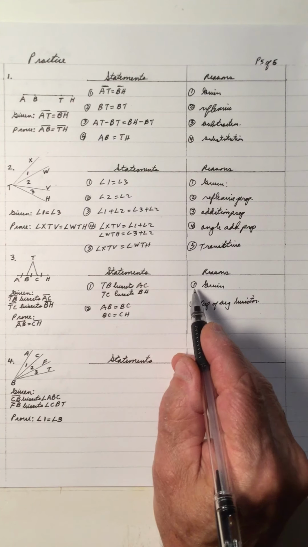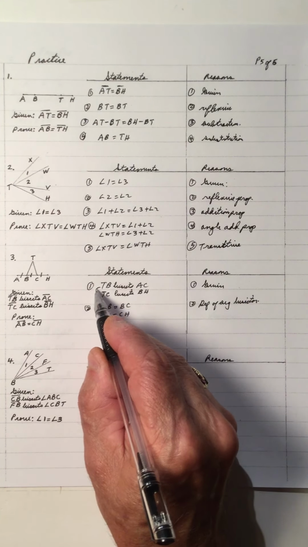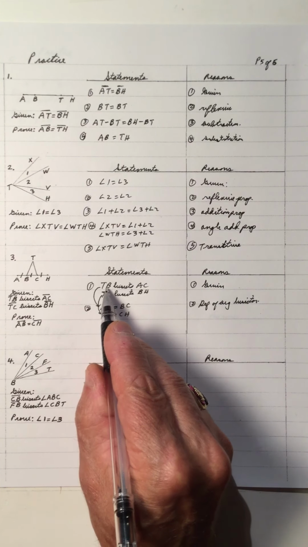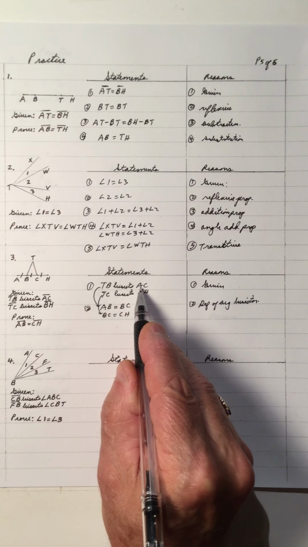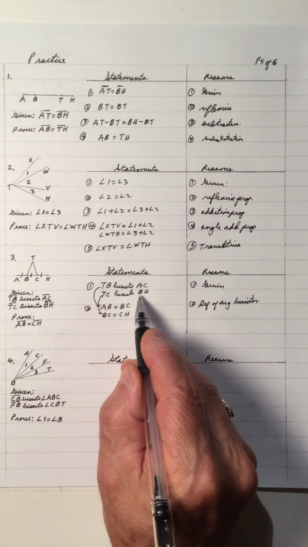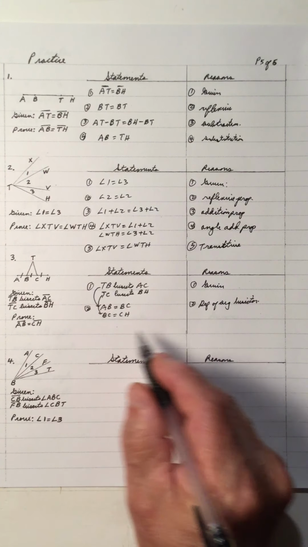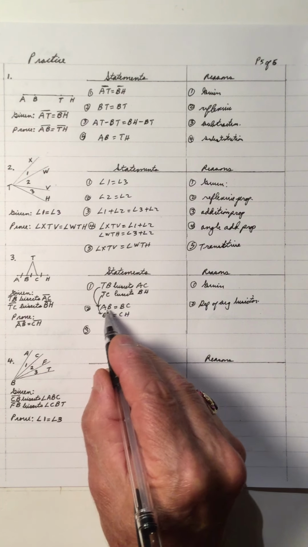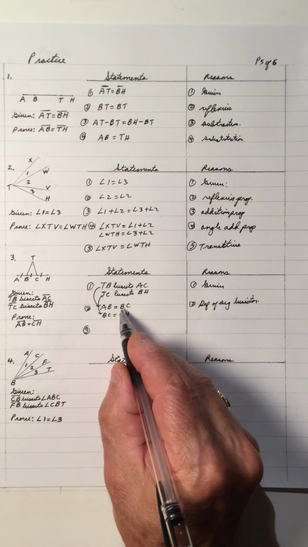So if you put the 2 givens in here, remember, this one gives you this, and this one gives you this. Because TB bisects AC, then these are equal. Because TC bisects BH, these 2 are equal. Because these are equal, notice BC is here twice.